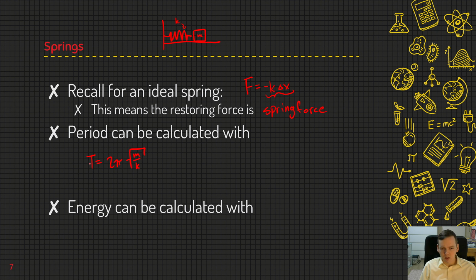More mass, larger period, because it's harder to move it back and forth. If you've got a stiffer spring, meaning a higher k, then that spring is stronger. It exerts a stronger force, and it can move things more quickly, so the period should therefore be shorter because it's got more push and pull back and forth.